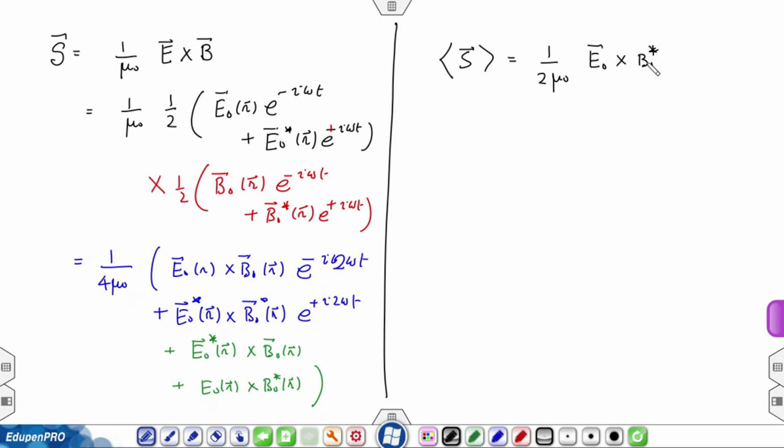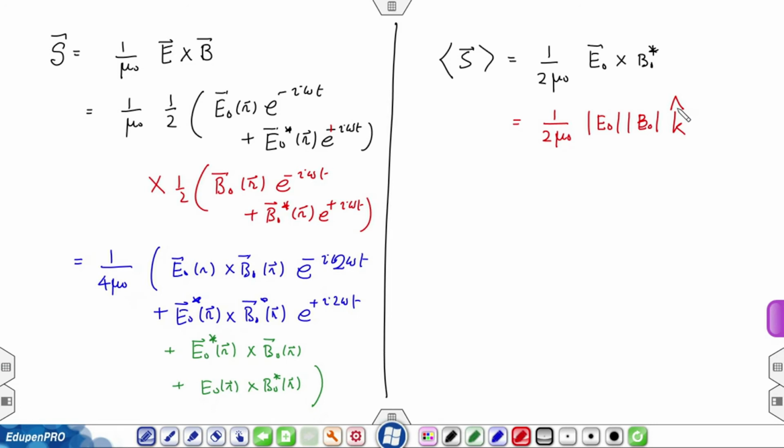Again, because we are taking star, the phase factors cancel out, and this will come out to be 1 over 2 mu 0 amplitude E, amplitude B in the k direction.